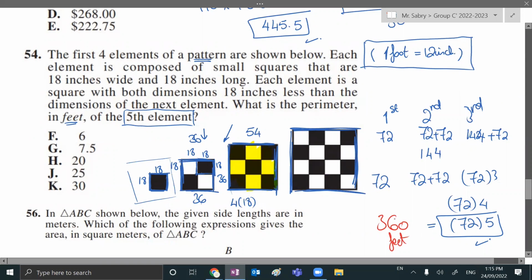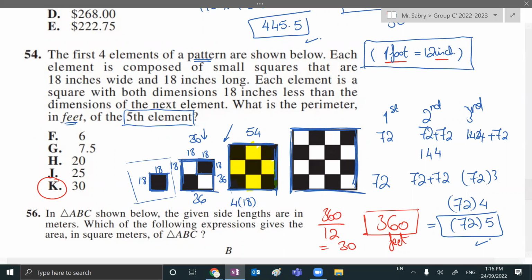These are feet. Again, 1 foot is 12 inches. So I just need to divide 360 by 12. 360 divided by 12 gets you 30. It's actually a total of 30 feet. Does that make sense? 12? Yes.